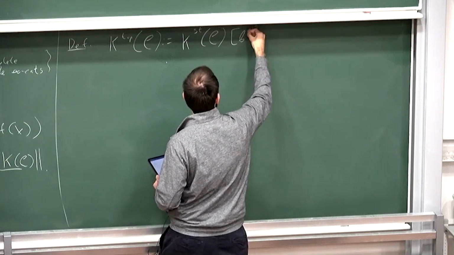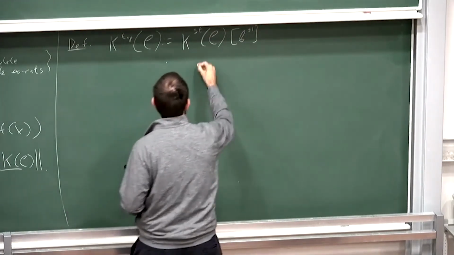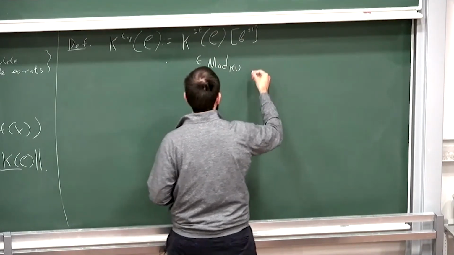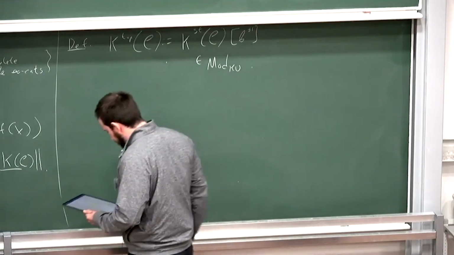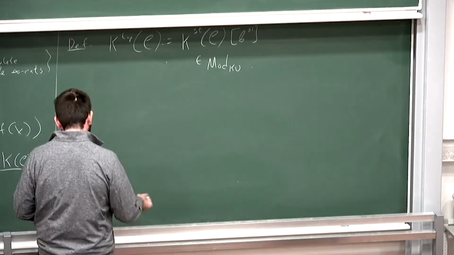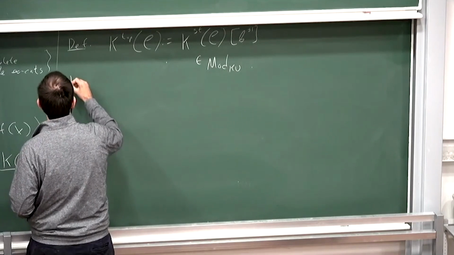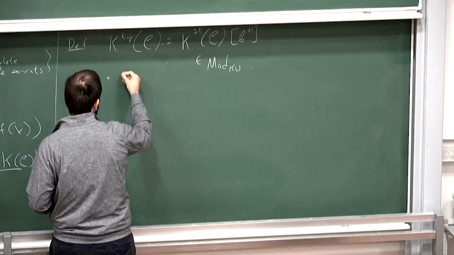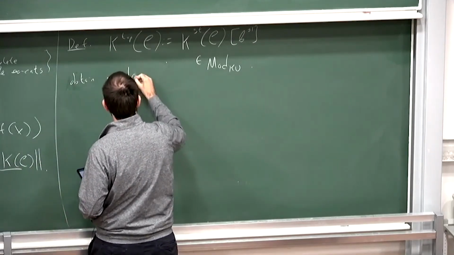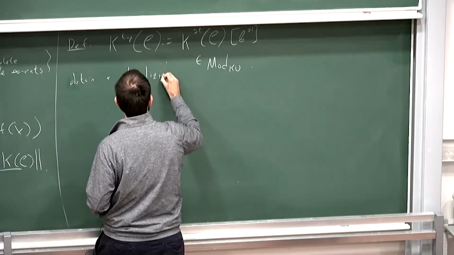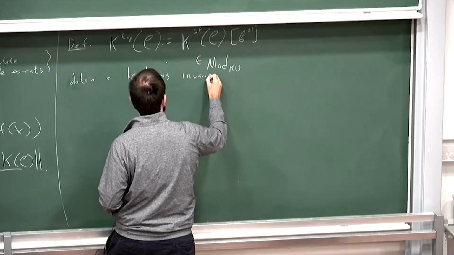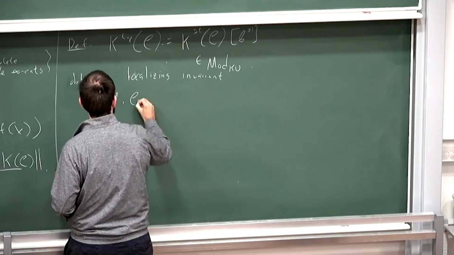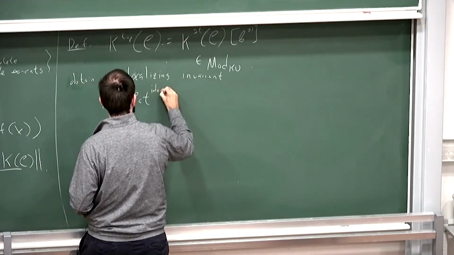Use this notation. And this lives in modules over periodic KU in spectra. So yeah, this is a functor. In fact, I'll just say from now a localizing invariant valued in KU modules.